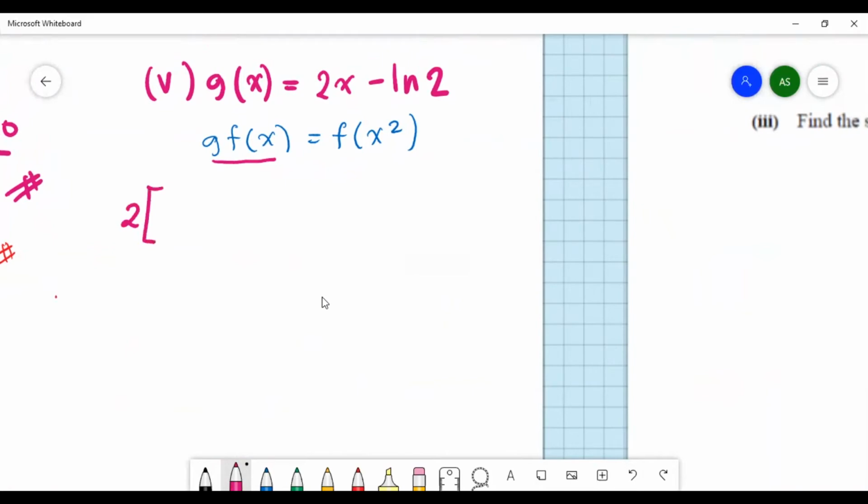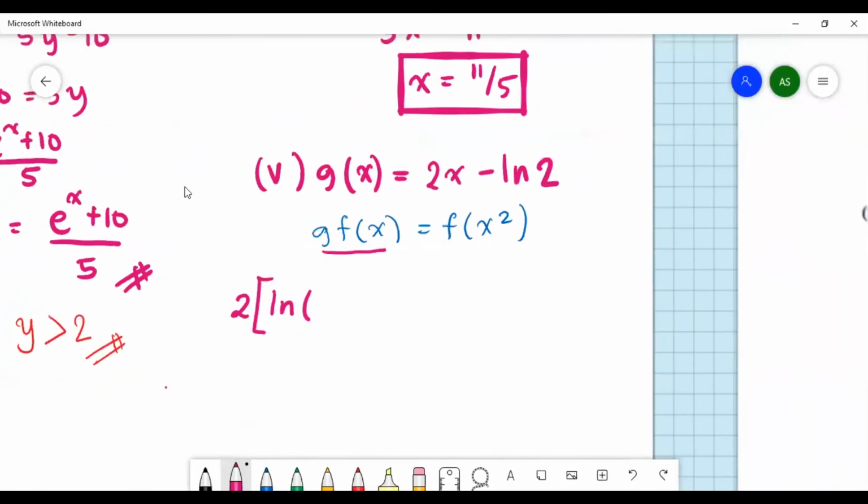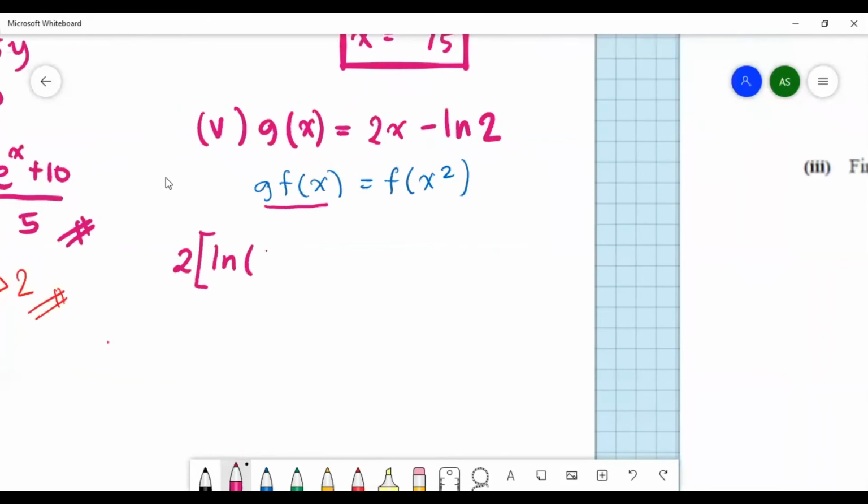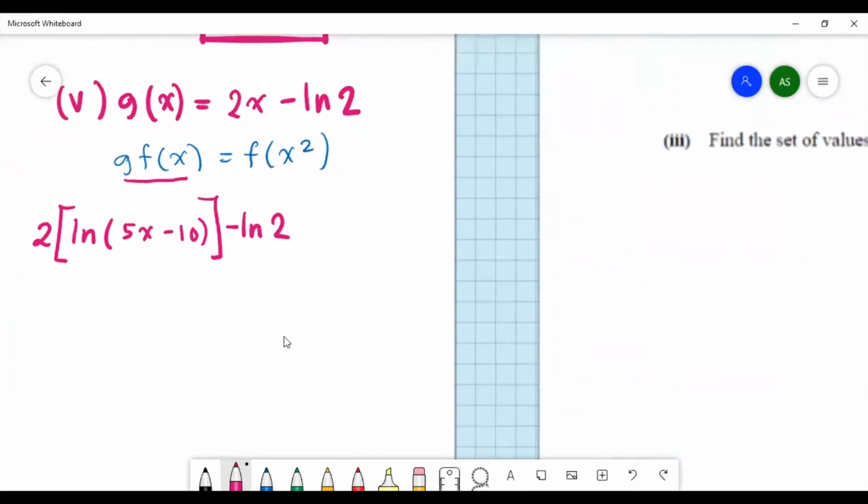The value of x will be replaced by function f, and your function f is given by ln of 5x minus 10, minus ln 2. Now this is your g of f of x is equal to f of x squared. So that means the input is now being replaced by x squared.